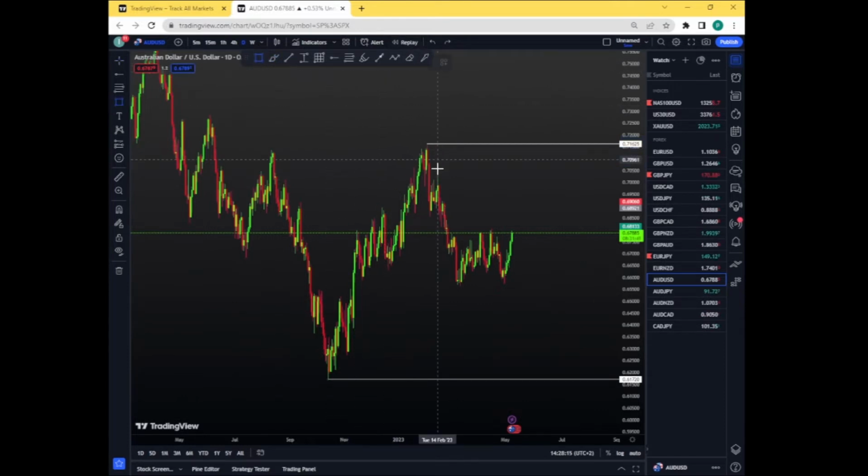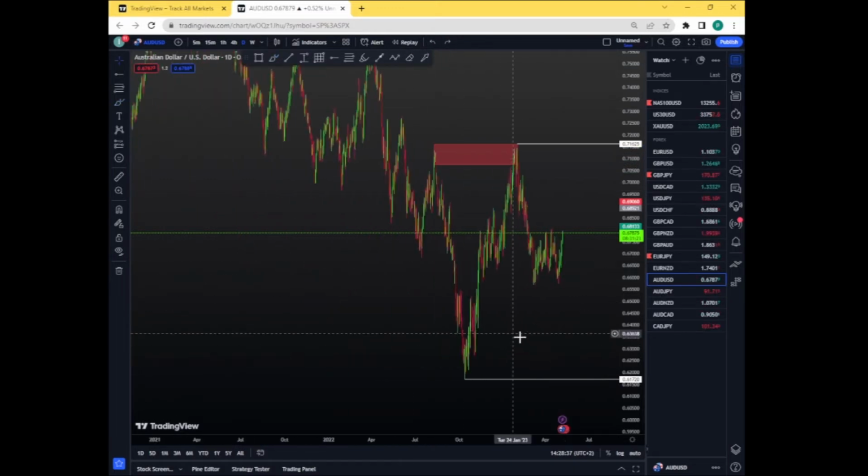By doing so, that's when we put our zone here and mark the point where the price reacted from. In this case, we see that this high here reacted from this high. Then, okay, no problem.